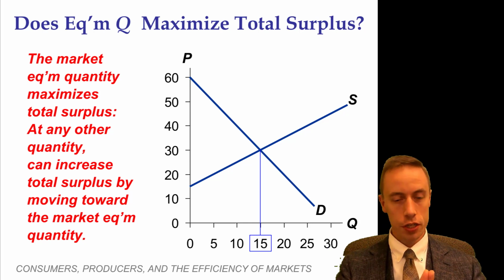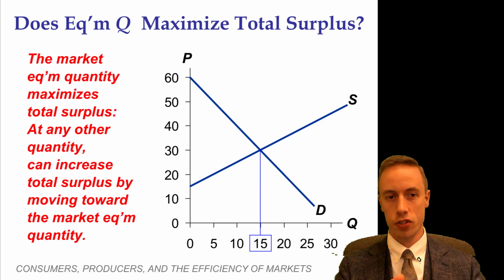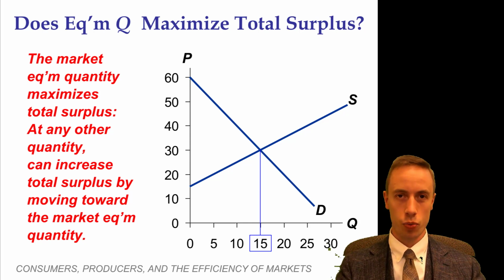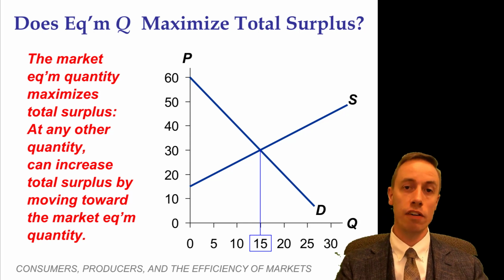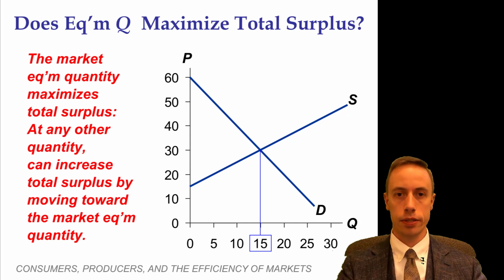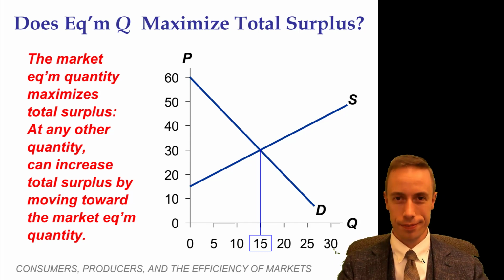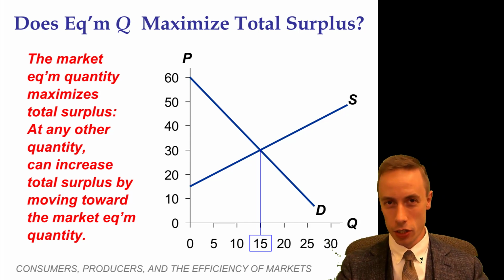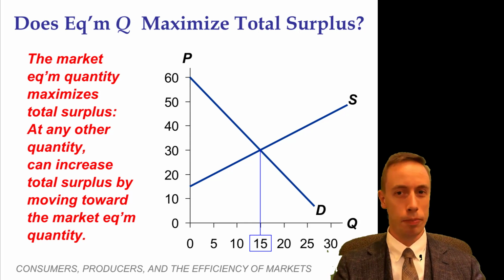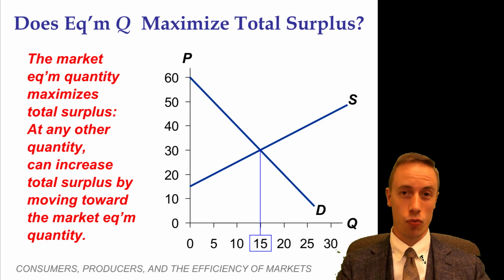If efficiency is our goal, the market outcome achieves this efficiency. So we would say it is efficient. Total surplus is maximized.